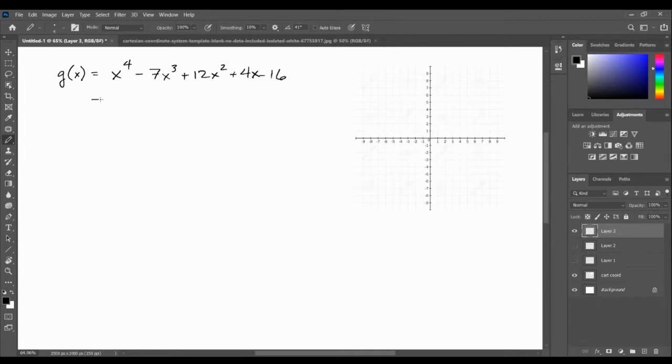And they tell us that that factors into x plus 1. Now, by the end of the week, you'll be able to find all of these factors. Times x minus 2 quantity squared times x minus 4.